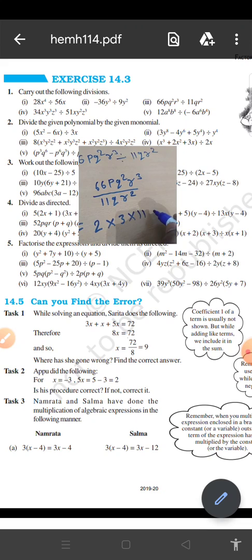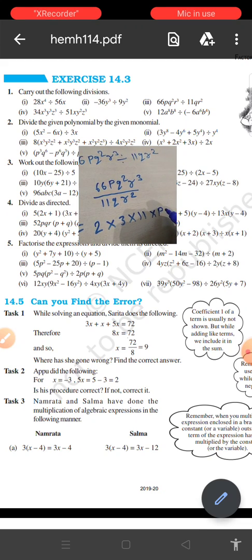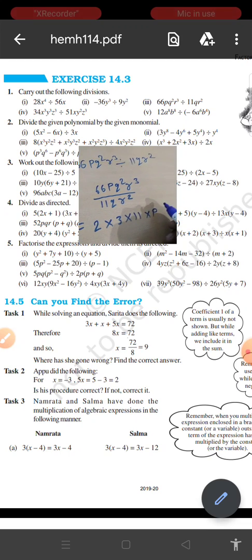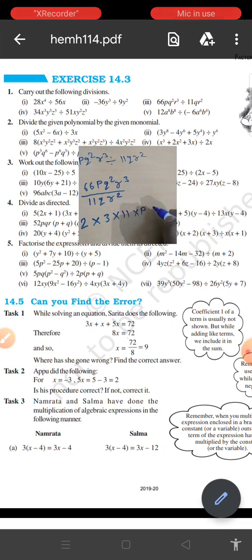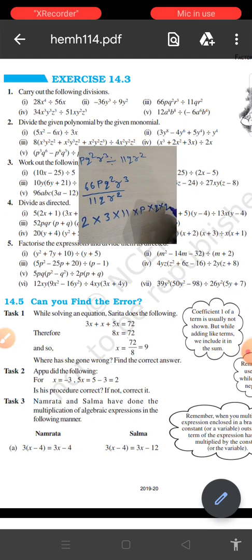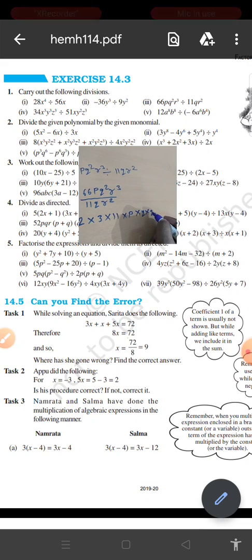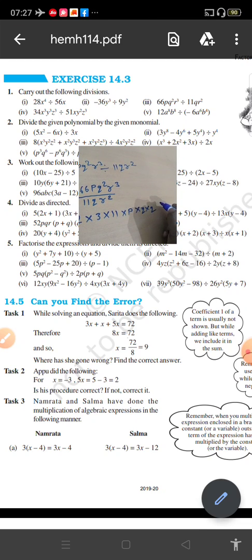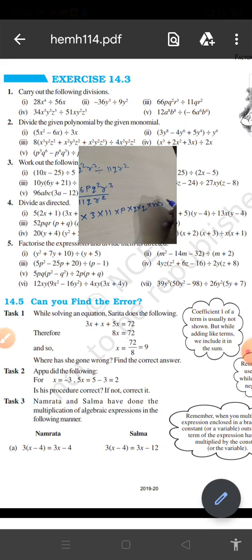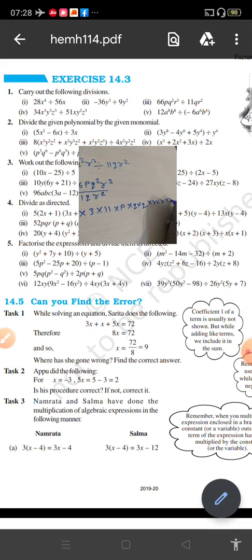What is the power of q? Tell me. 2. So we write it 2 times, q into q. Clear? And what is the power of r? 3. So we write it 3 times, r into r into r.